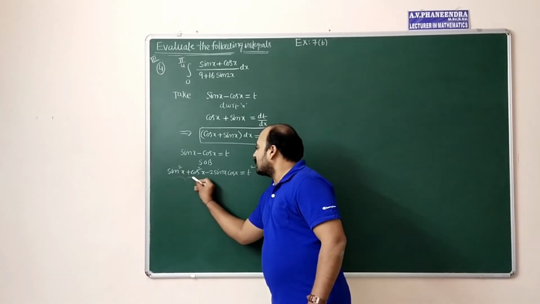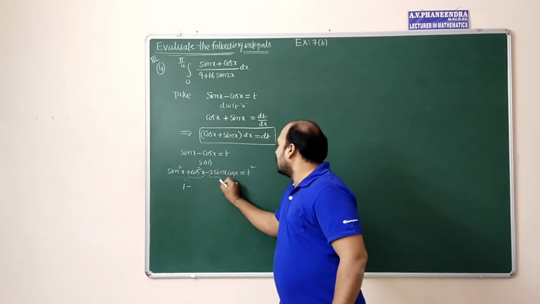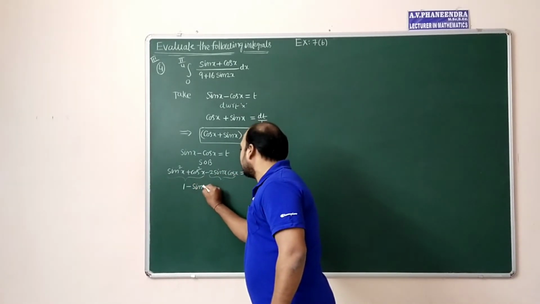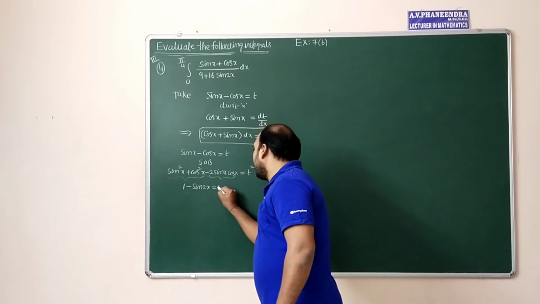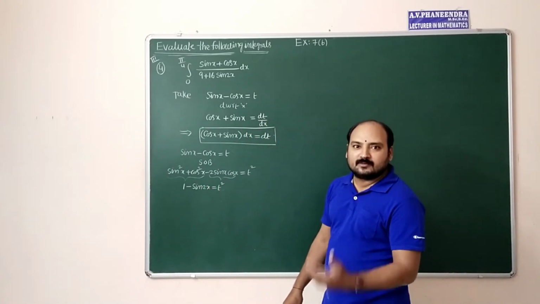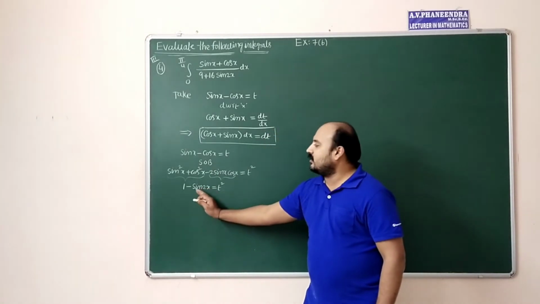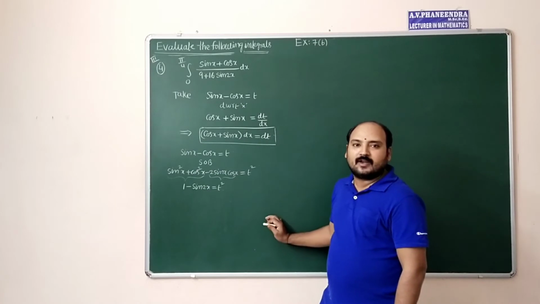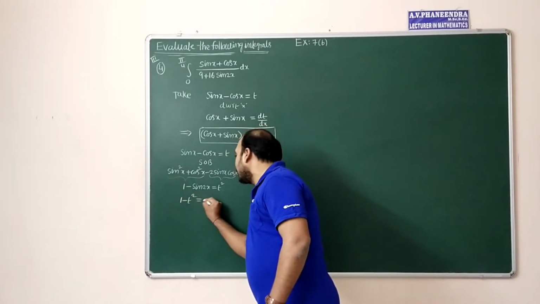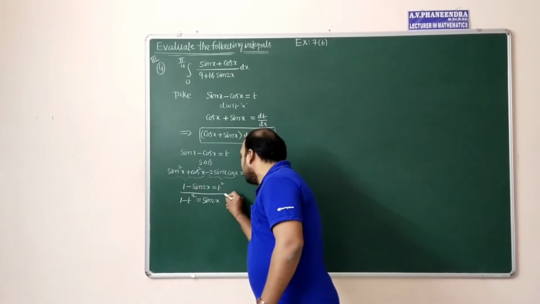Sin square x plus cos square x value is 1, minus 2 sin x cos x is sin 2x. So 1 minus sin 2x is equal to t square. I want sin 2x value in terms of t. So t square we can take LHS side and minus sin 2x we can take into the RHS side. So 1 minus t square is equal to sin 2x. Now we got the value of sin 2x in terms of t.